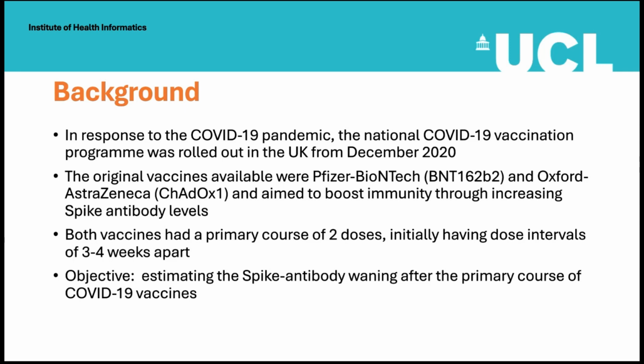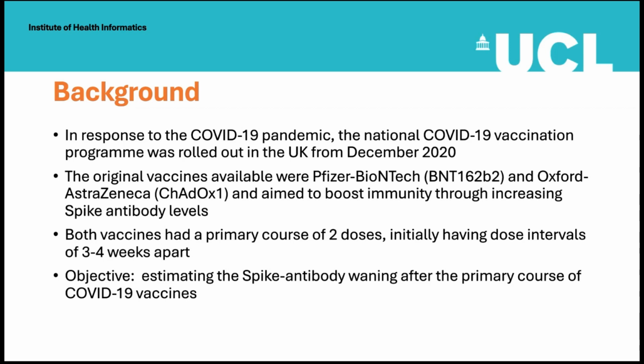So what we wanted to do, in light of this rapid development and rollout of these vaccines, which was a really exciting part of the COVID-19 response given the severity of the situation, was to use our vaccine efficacy sub-cohort within the study to estimate antibody waning after these primary courses of vaccines.